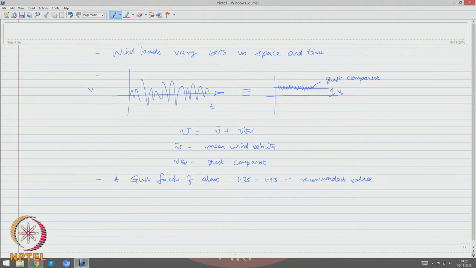So, one can always estimate the fastest mile velocity, which is equal to the sustained wind speed multiplied by the gust factor. The sustained wind speed for a 100-year return period is taken as 125 miles per hour.